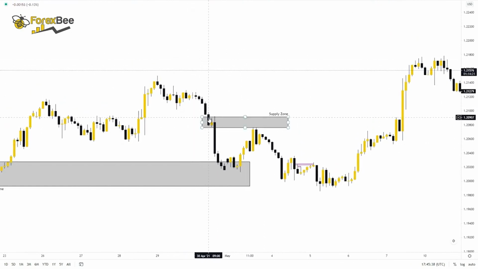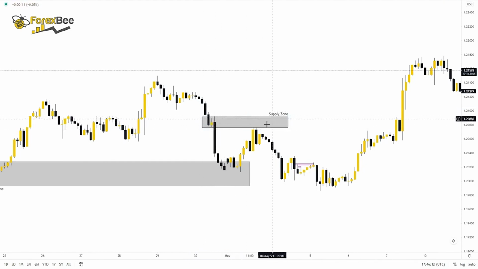Here you can see that a supply zone is created, and you can tell that this is a supply zone because there's a bearish candle, and then again one big bearish candle, and these two bearish candles are sandwiching one small or base candle. It doesn't matter whether the base candle is bullish or bearish, but the body to wick ratio needs to be less than 50%, and there are two big candles sandwiching this base candle.